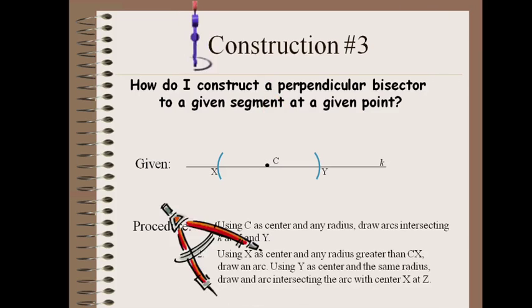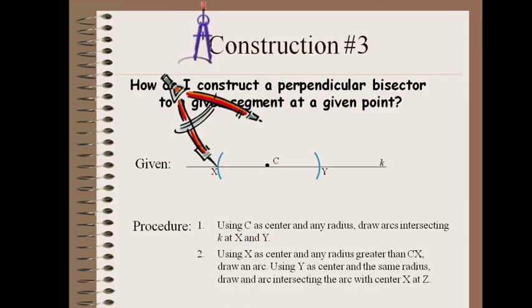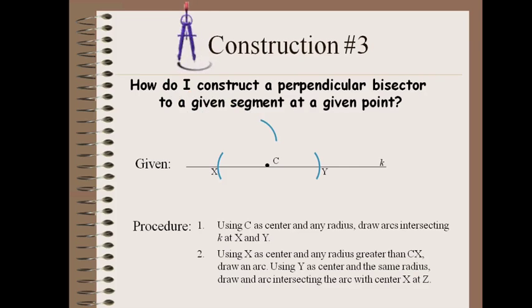Again, I'll take my compass. I'll take X as center, radius more than half of the distance of XY. I'll inscribe an arc above the segment K. Then I'll interchange my position.